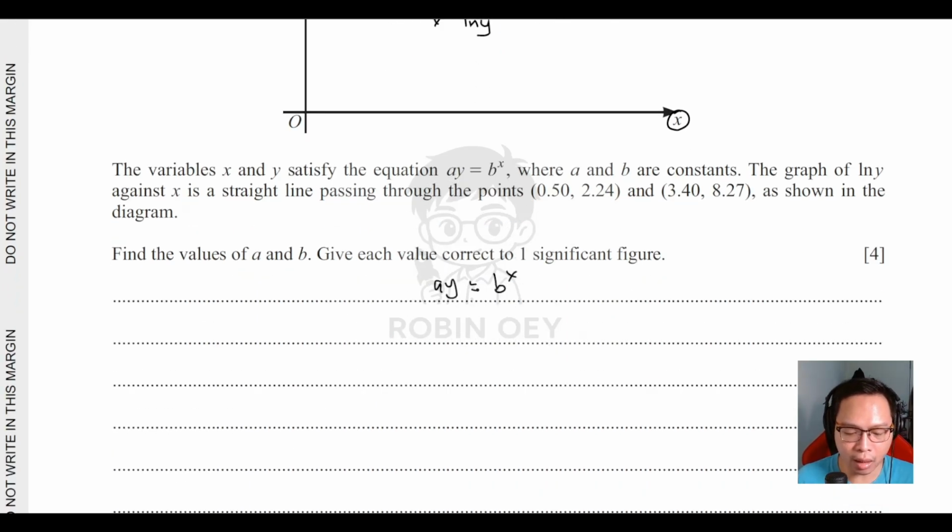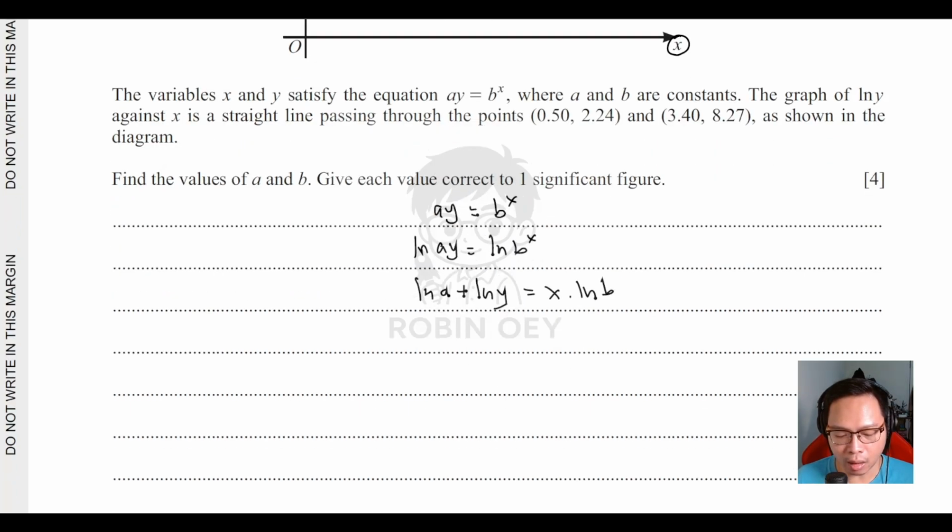Now this is just a normal exponential equation, so I just take ln of both sides. Normal stuff: ln a plus ln y equals x times ln b.